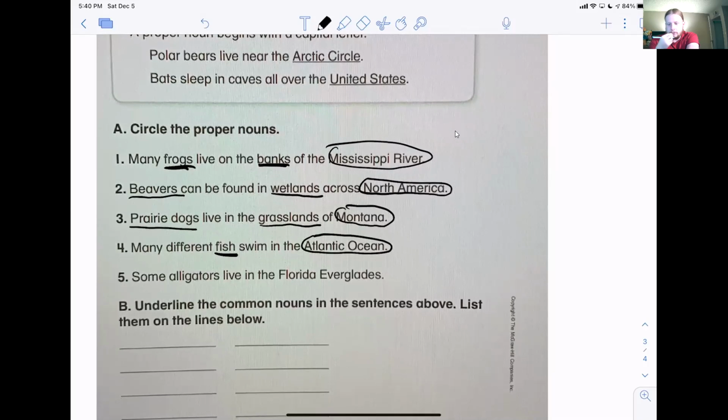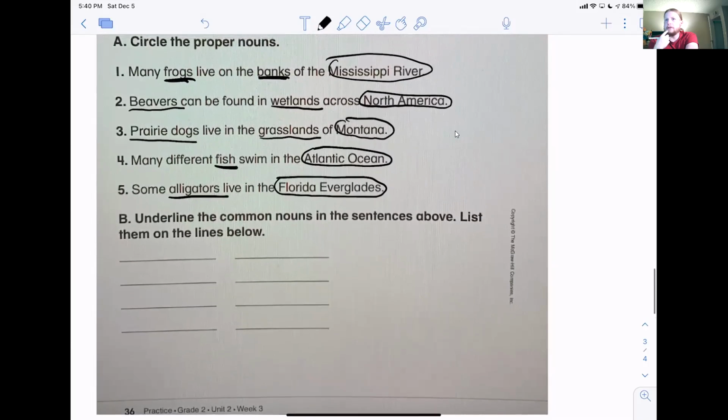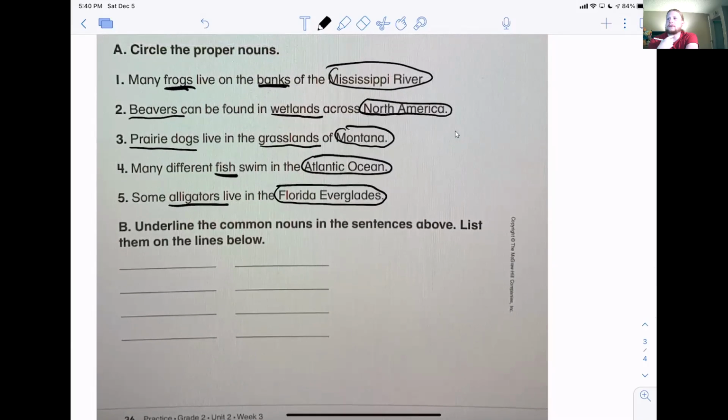Some alligators live in the Florida Everglades. Florida Everglades are a specific place. So that's why we're going to circle it as a proper noun. And alligators are an animal, a common animal. Now, if we're talking about Snappy the alligator from Number Rock, that one would be a proper noun because he is a special alligator.